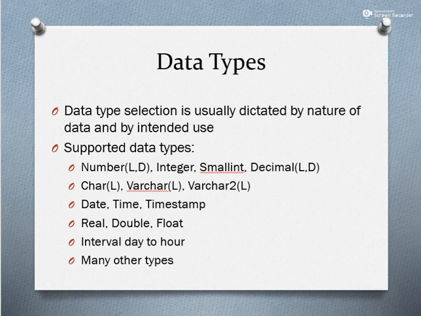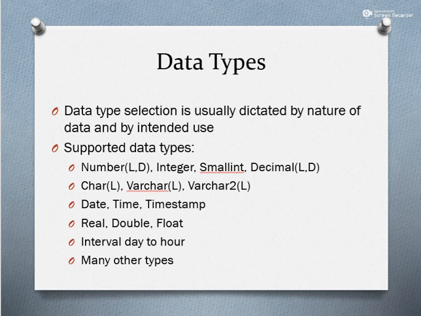Okay, data types that are supported by SQL. First thing we need to make sure is that data type selection is usually directed by the nature of the data and the use of the data, where we are using it and how we are using it. If we have an attribute price, it clearly requires some kind of numeric data type.